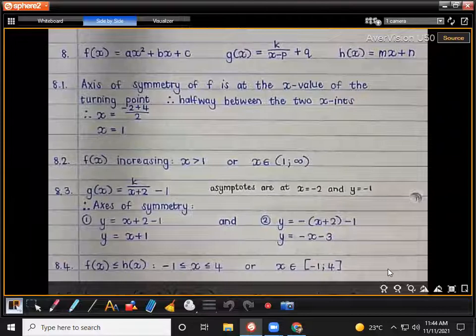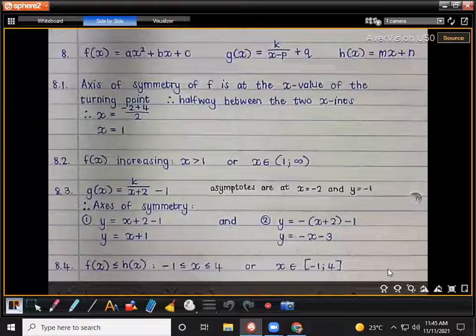And this is now the turning point, right? So I'll answer from there. So that's x equals 1. So here the graph is decreasing, right? Because it's going down. The y values are getting smaller. But on that side of the turning point, that side of the axis of symmetry is increasing. So that's why we say x greater than 1.